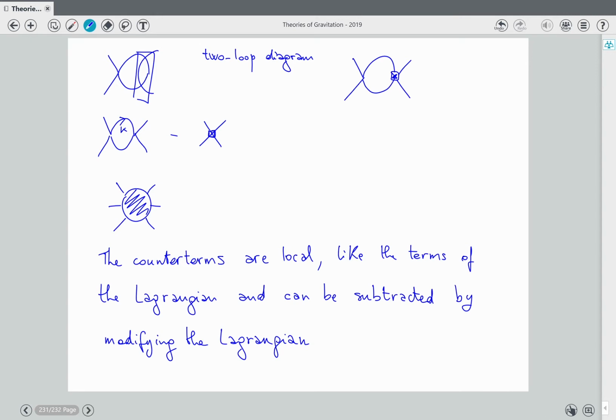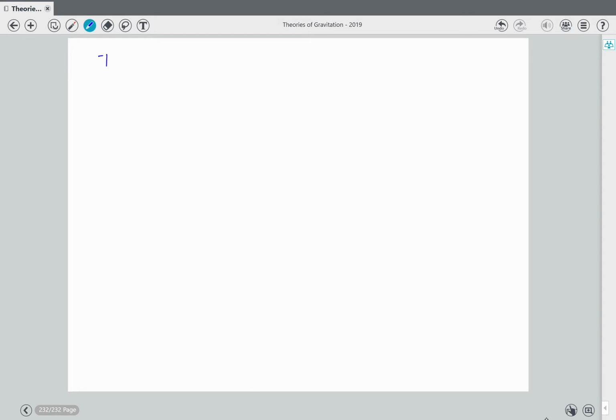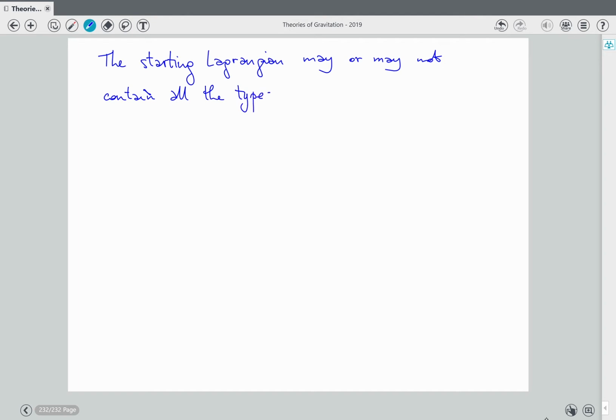So the starting Lagrangian may or may not contain all the types of local terms it generates as counterterms by means of Feynman diagrams.